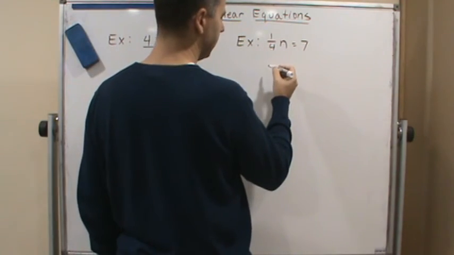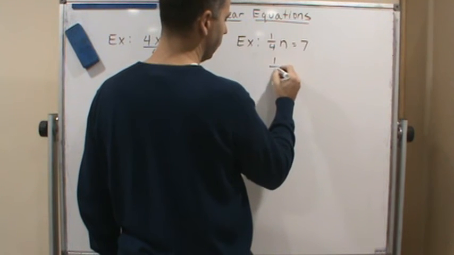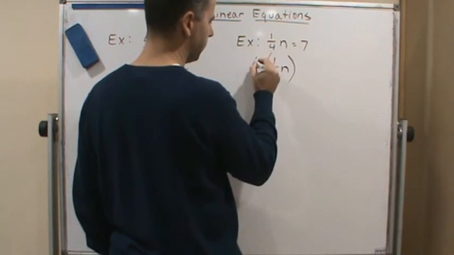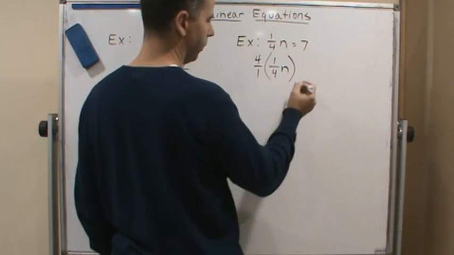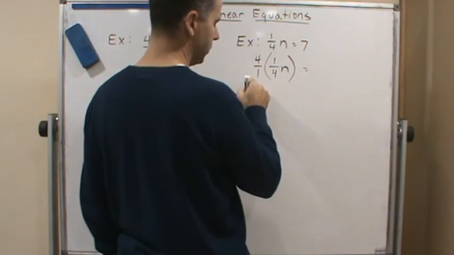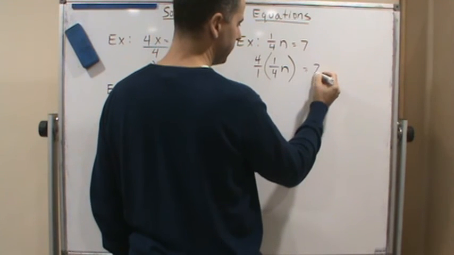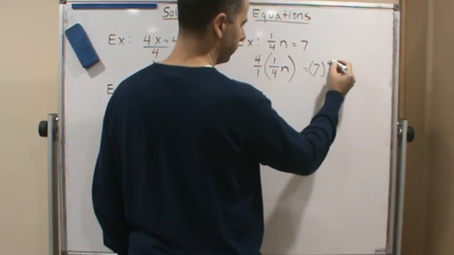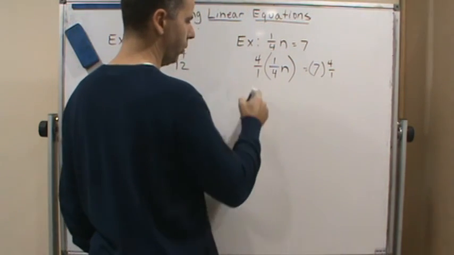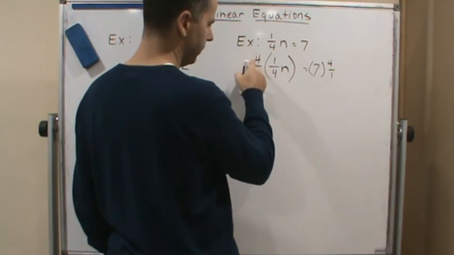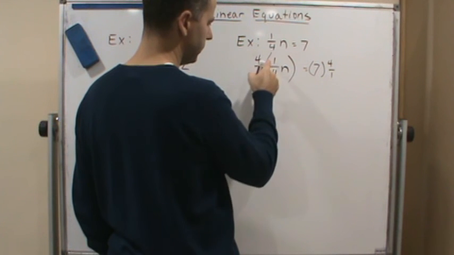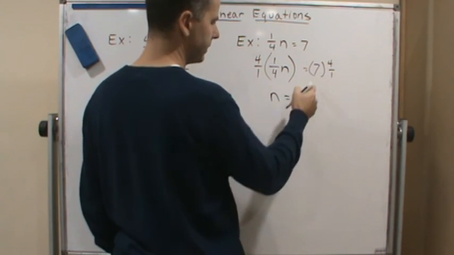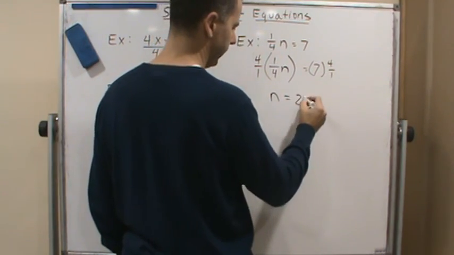So in this case here, I could take 1/4 n, multiply it by the reciprocal of 1/4, which is 4 over 1, and then whatever I do to one side, I have to do to the other side, so I'm going to multiply 7 by 4 over 1. Okay? So here I get 4 times a fourth, which is 1. And over here I get 7 times 4, which is 28.